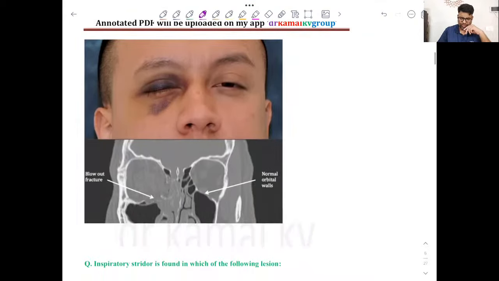And if I show you the image of a CT scan, you can see that this is a normal side. You can see the integrity of the orbital floor, but on this side you can see that the integrity is broken. So this is blowout fracture, right?